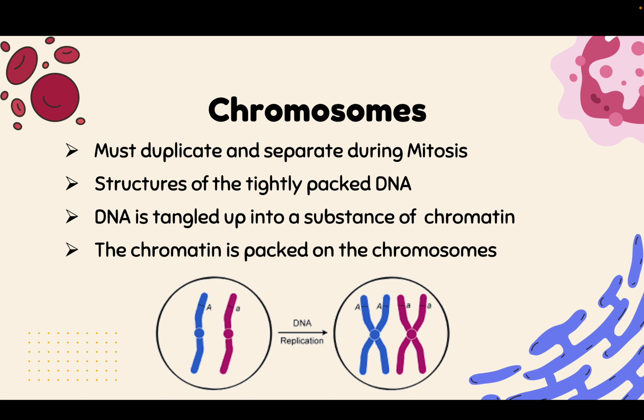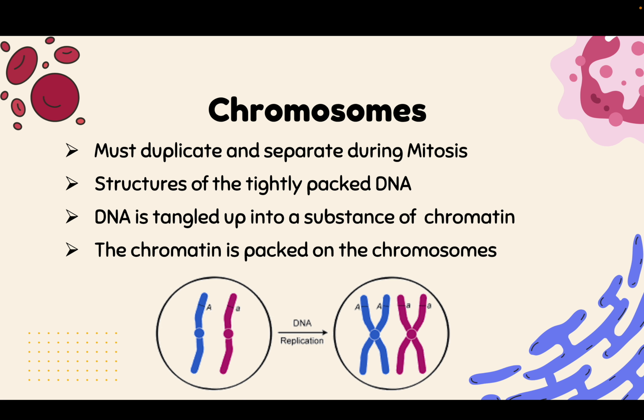I think I've already discussed in the lecture that DNA strands are very long, so they have to be condensed in order for them to be properly localized in the nucleus.